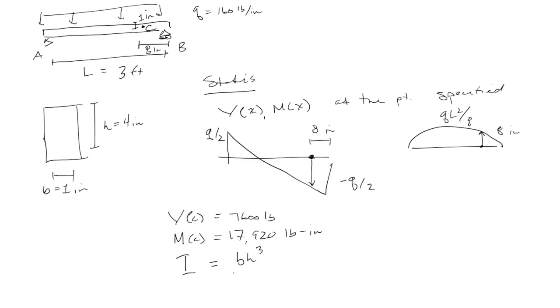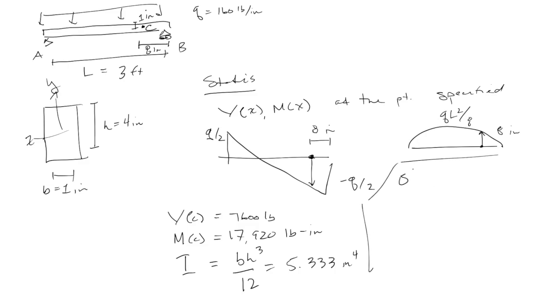over 12, so there's b and h. In this case it's 5.333 inches to the fourth. And so now we're just about done.